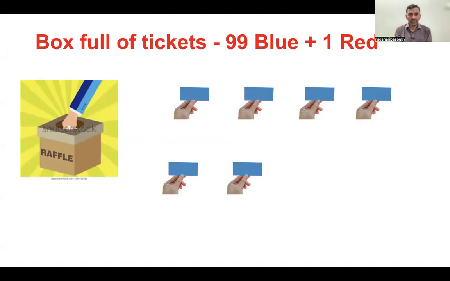And are you surprised? What is your experience when you get a blue ticket? Since there are 99 blue tickets, you'll not be much surprised, right? But when you encounter a red ticket, definitely you'll get a surprise, because out of 100 tickets, you have drawn the red ticket.